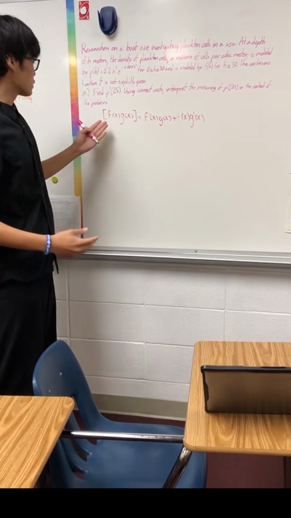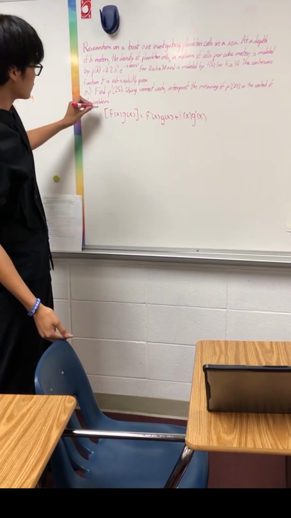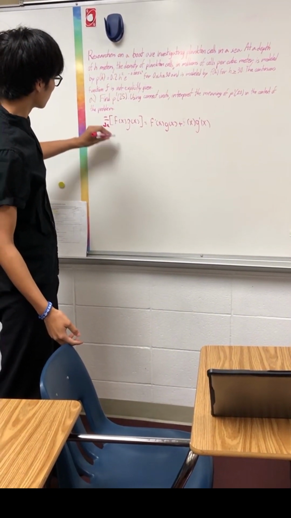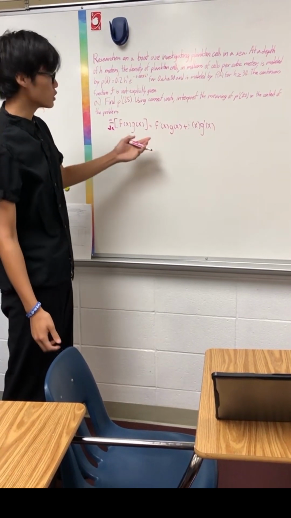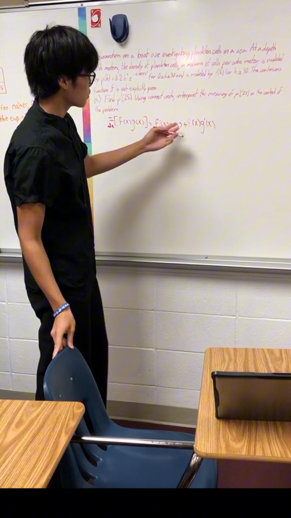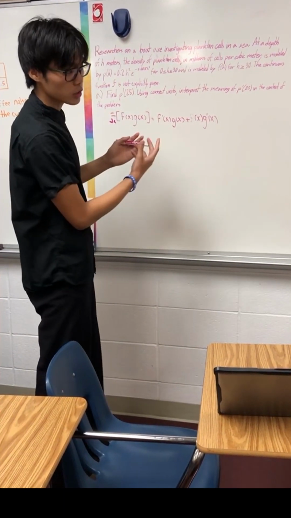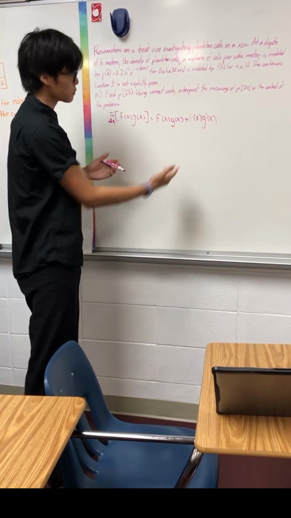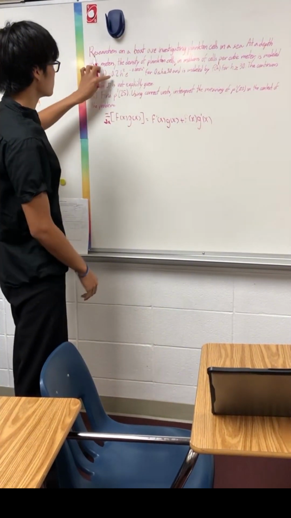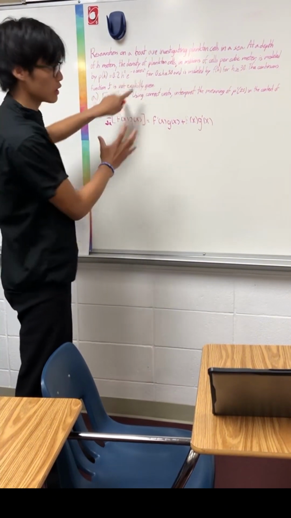To set up, we find the product rule as d dx of f of x times g of x, which is the same as f prime of x times g of x plus f of x times g prime of x. This is interchangeable, but this is how I set it up. To begin, I want to split each into f of x and g of x.